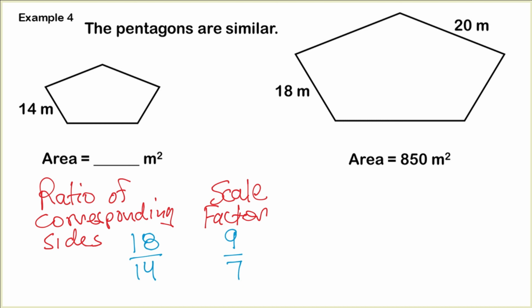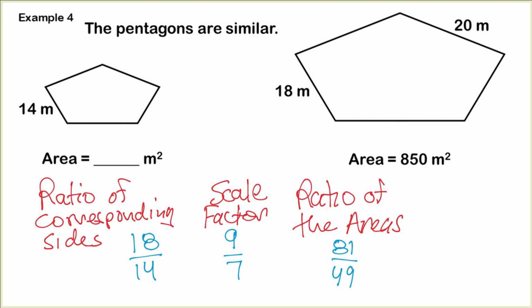Now we're going to write down the ratio of the areas. So one of the characteristics of similar polygons is that if you start with the scale factor and you square it, so 9 times 9 is 81, and 7 times 7 is 49, that will give you the ratio of the areas. So now we'll be able to write a proportion and find the area of our pre-image.